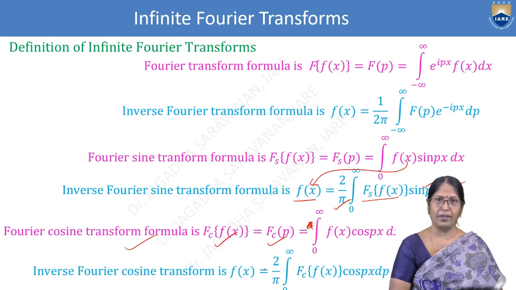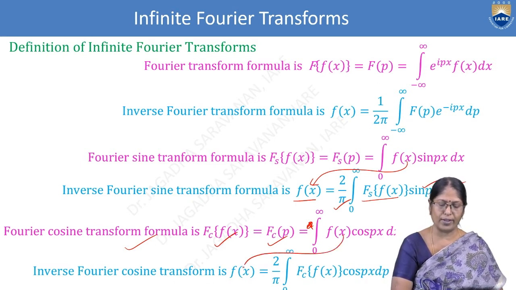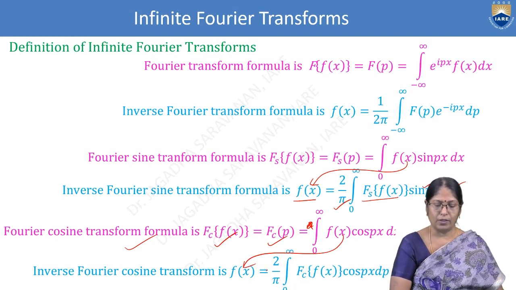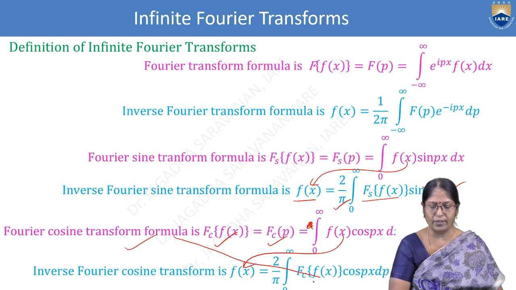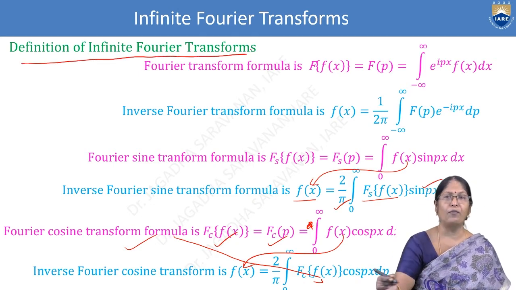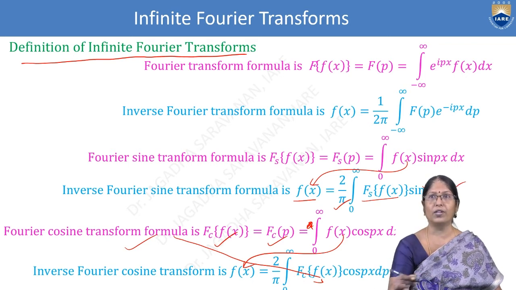In the inverse Fourier cosine transform formula, the function f of x has come out, so 2 by pi, and the Fourier cosine goes inside, cos px dp. That is an easy way we can remember. So this is everything in the infinite Fourier transform along with the inverse formulas.